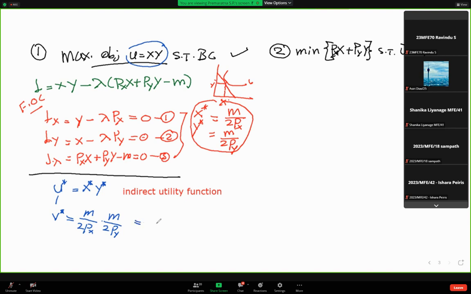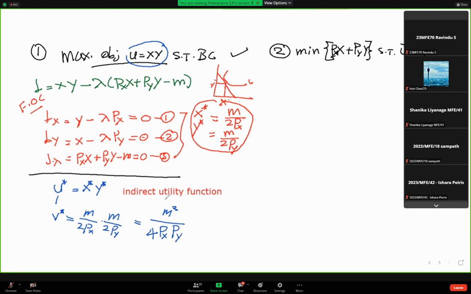With this, we get the maximum value utility function, or indirect utility function, for px, py.